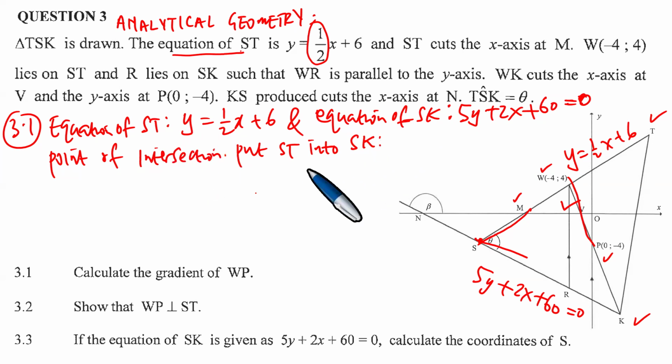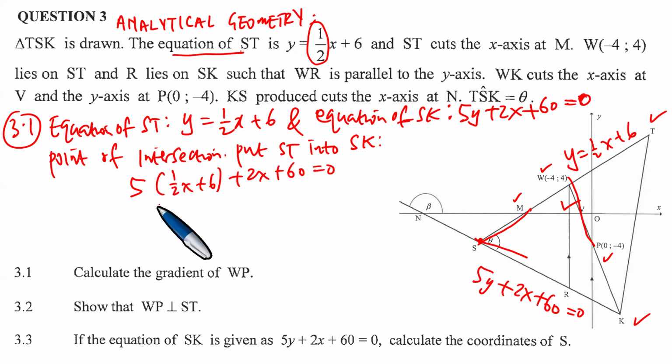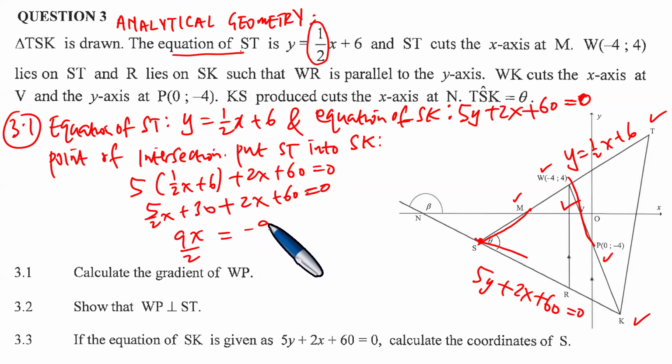So you put this ST into SK. You have 5 times y, which is 1/2 x plus 6, plus 2x plus 60 equals 0. You multiply these out: 5 over 2 x plus 2x, which is 9x over 2, plus 30 and 60, which is minus 90.